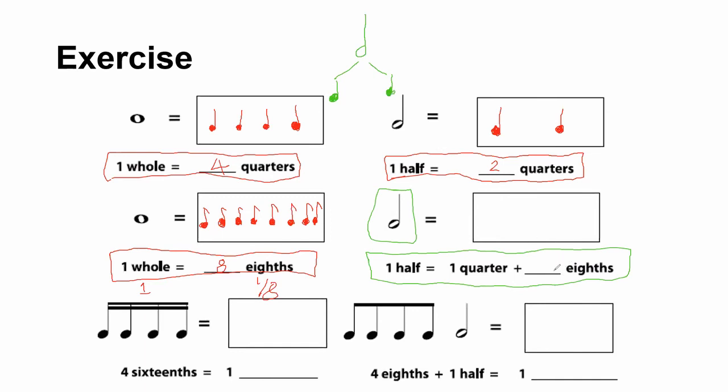That means we now need to subdivide this second one to get the next note down from the quarter. The next note is a quaver, or an eighth note, which is a black note with a stem. Now, how many eighth notes would give you one of these quarter notes?